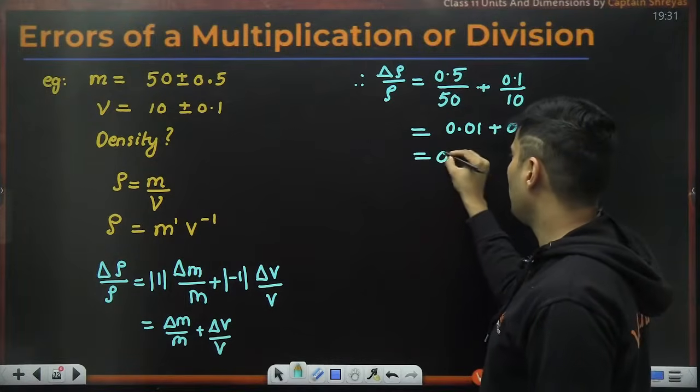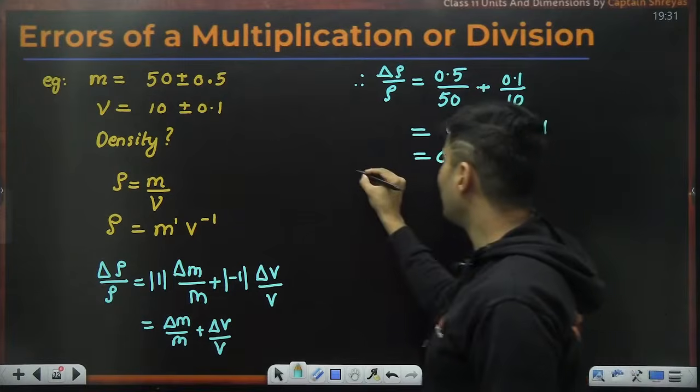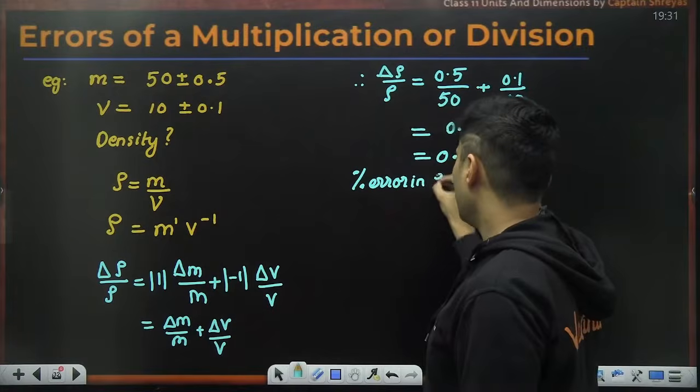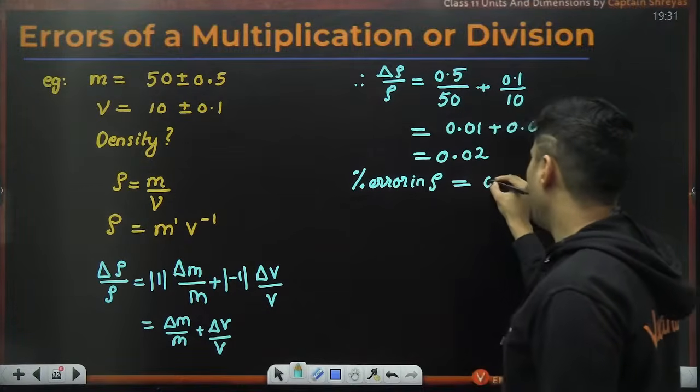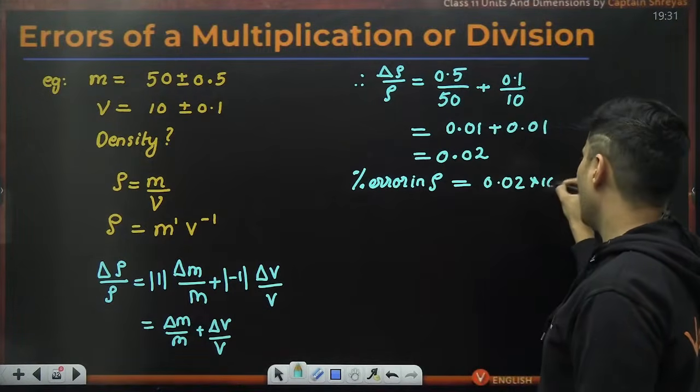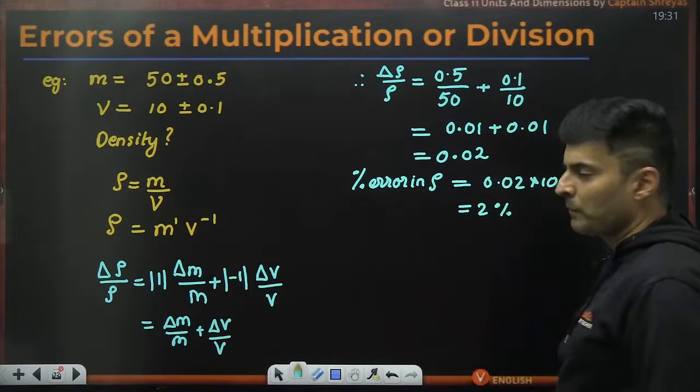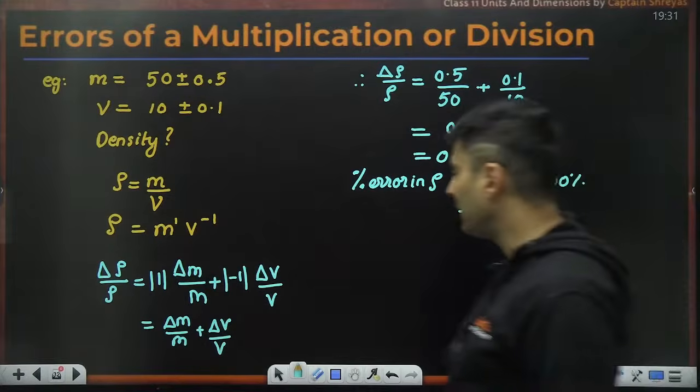So this will be nothing but 0.02. If you ask me the percentage error in density, the answer will be 0.02 multiplied by 100. So that is going to give me 2% of error. So 2% of error is there in the final answer.